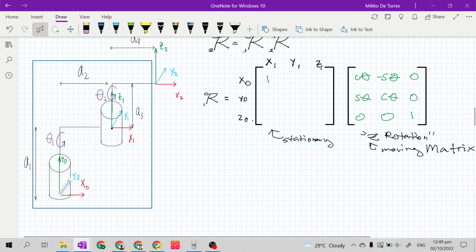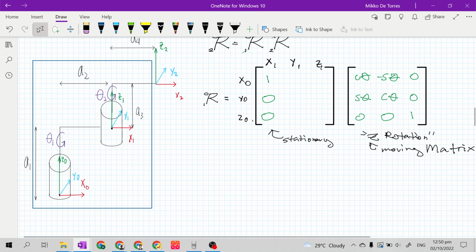Because of that, the projection of x sub 1 on y sub 0 is 0. The same with z sub 0, because x sub 1 is perpendicular to z sub 0. There are no orientation angles between x sub 1 and z sub 0.